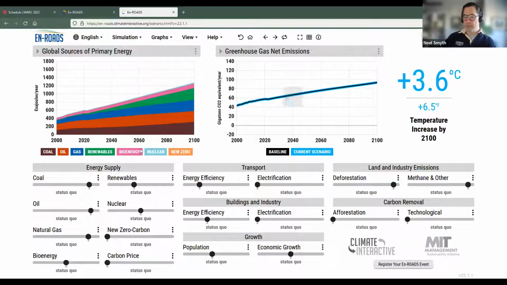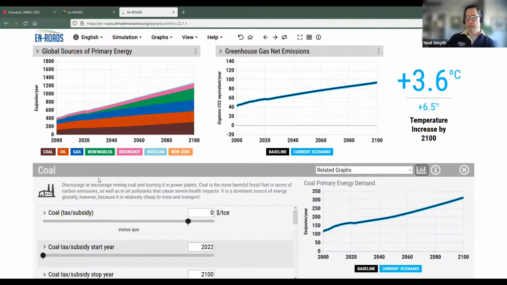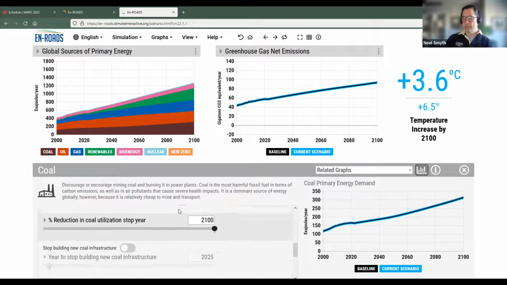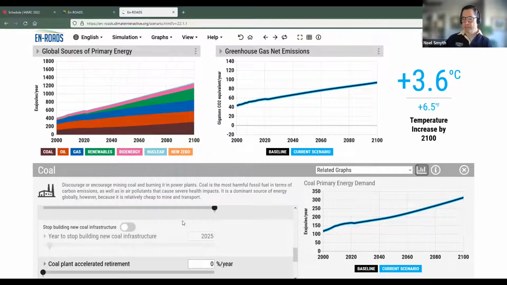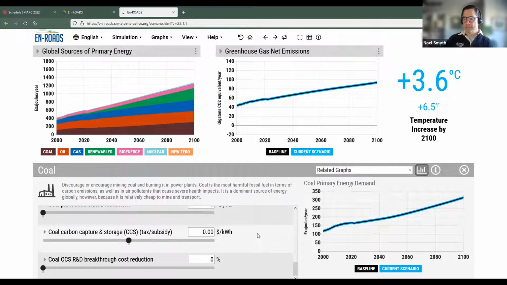There's a lot there. One other point as you do dive into these: each of these three dots includes the information and assumptions regarding that policy lever and the things that you can do with it. So you can see in coal alone, you've got a number of subsidies and policy options that you can use, including coal carbon capture and storage.